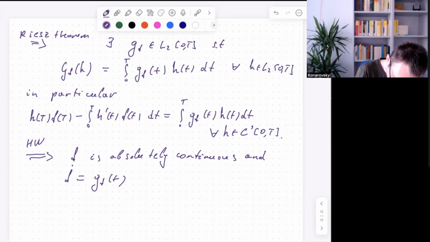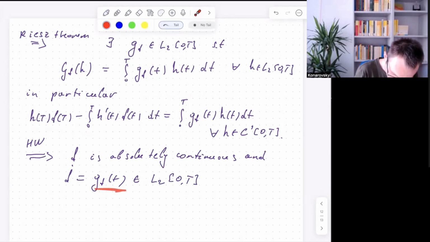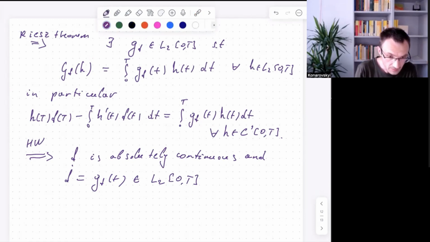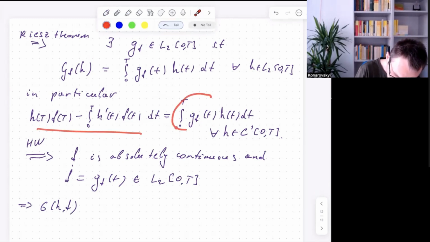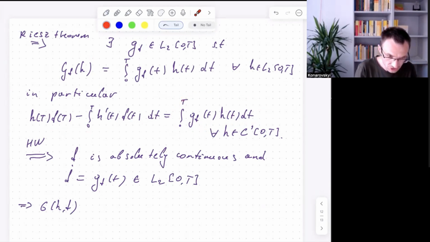And by the way, let's note that this is from L2(0,t), because this is an element of L2. Therefore the derivative is integrable with square. In particular, when you take the function g(h, f), this is your function g, and it is the inner product, we can use the Cauchy-Schwarz inequality.